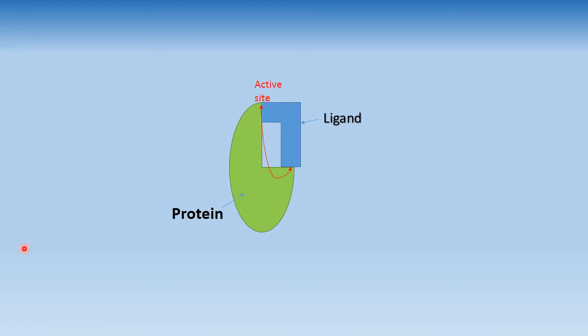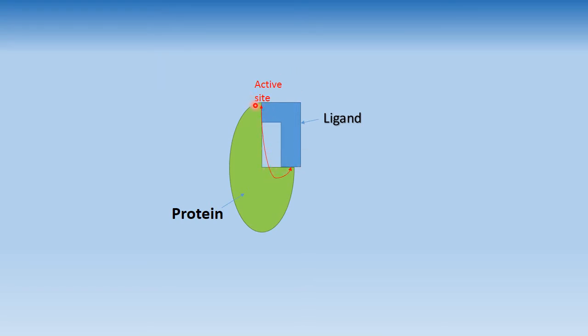Now we will see very briefly what these four terms mean. This is a protein, and this is a ligand that has been bound to the protein. This is the binding site, because this is the place the ligand will occupy. Actually there is no space here, the whole thing is ligand.